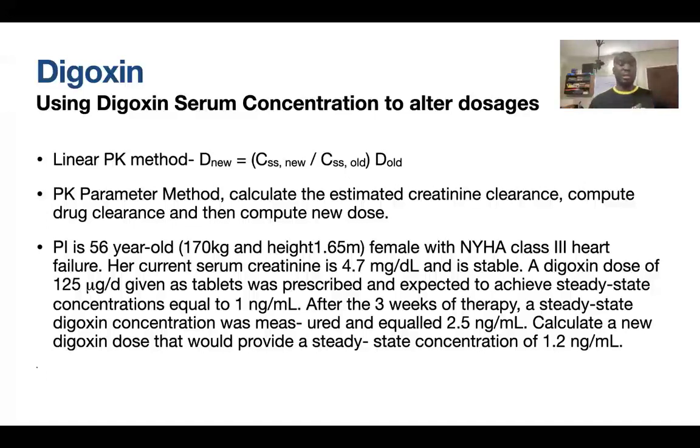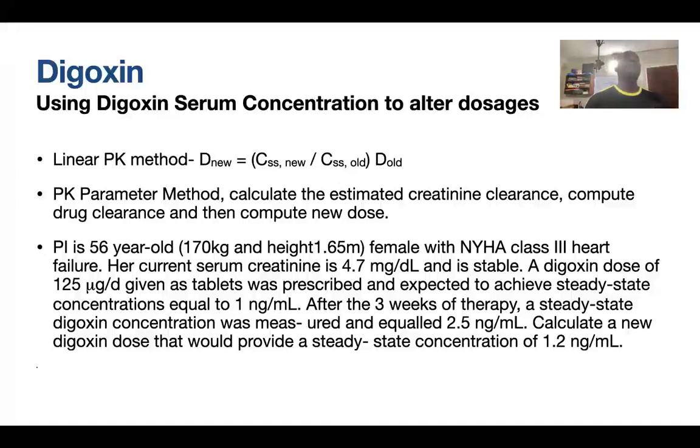The logical thing to do would be to use one of two methods: either the linear method or the pharmacokinetic parameter method. For the linear method, if you already have the old dose that you're using, your current CSS, and your new CSS you want to achieve, you can do a linear calculation and get your new dose for achieving the new required serum concentration.